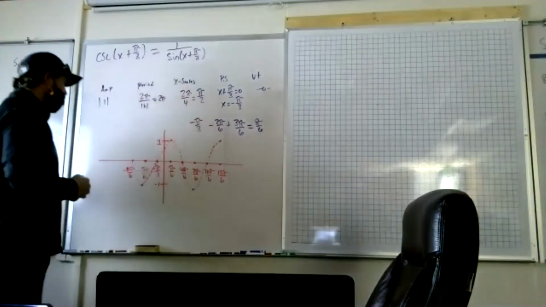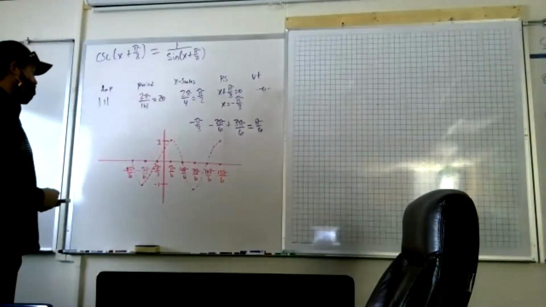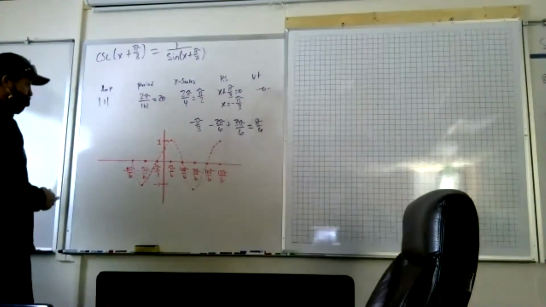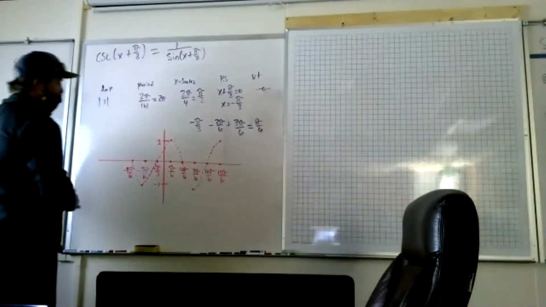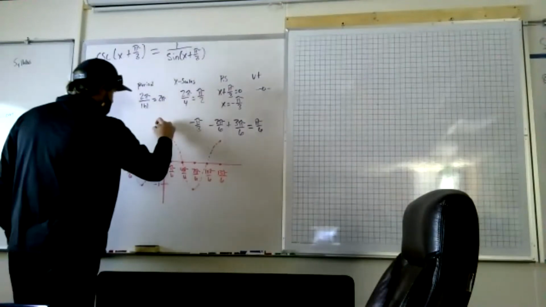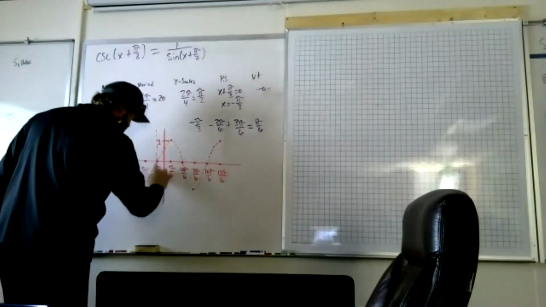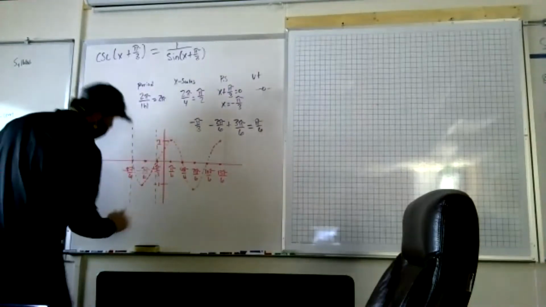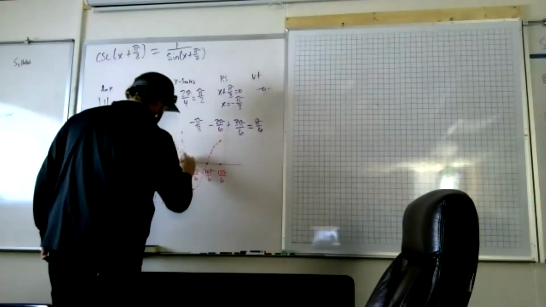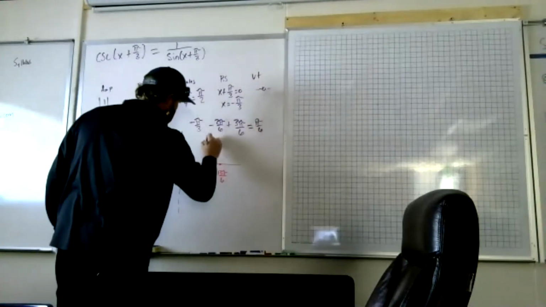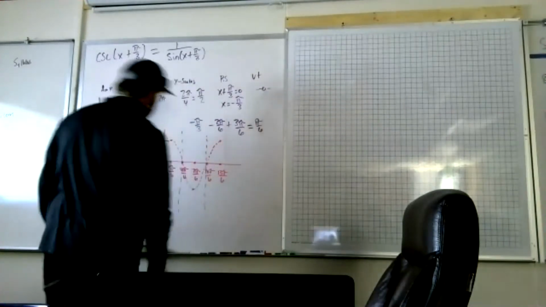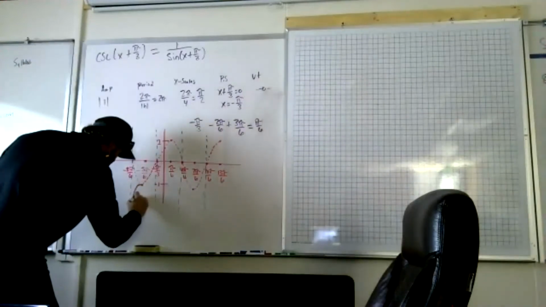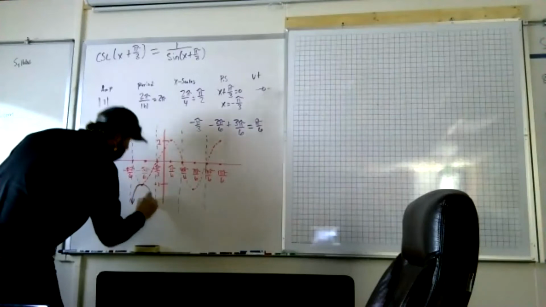And why do I care about what my sine graph looks like? Well, I didn't even really draw two full periods, but it's okay, because my x-intercepts on my sine are my asymptotes.